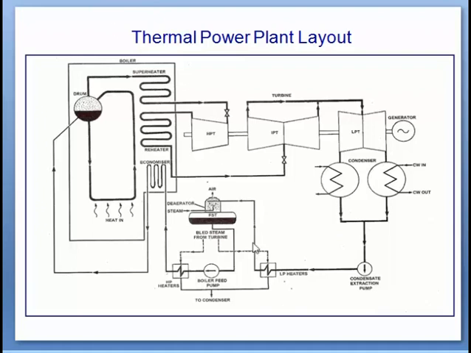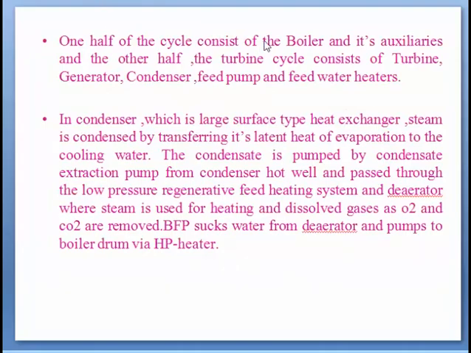From the deaerator it goes through the BFP, and after passing through the BFP, then through the HP heater and the economizer, it is finally again sent to the boiler drum, and this cycle is repeated. So one half of the cycle consists of the boiler and its auxiliaries, and the other half is the turbine cycle, which consists of the turbine, generator, condenser, feed pump, boiler feed pump, and feed water heaters.